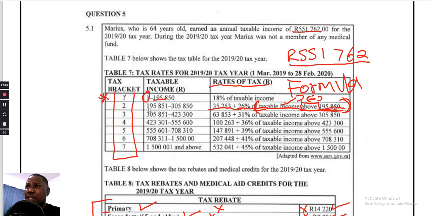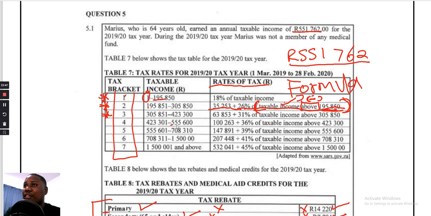Is it between 195 and 305? No, we scratch it. Is it between 305 and 423? No, we scratch it. We go to bracket number 4. Is it between 423 and 555?